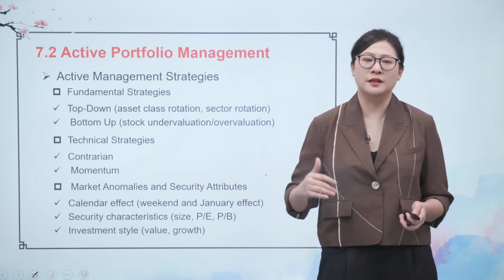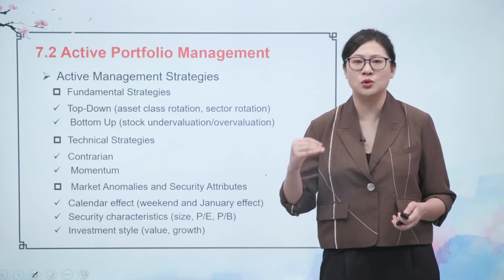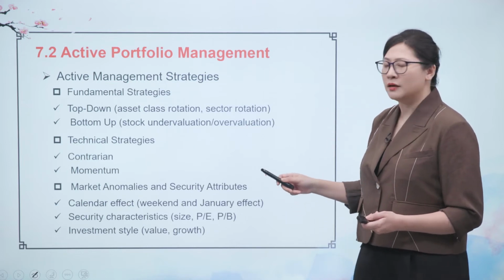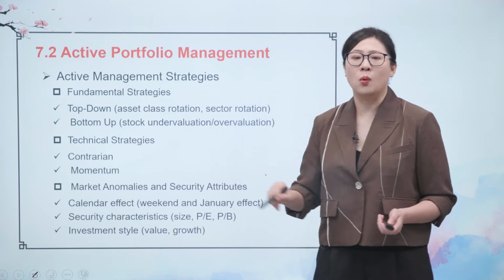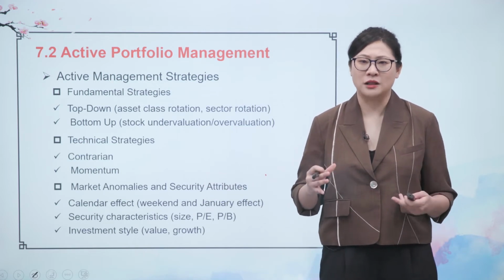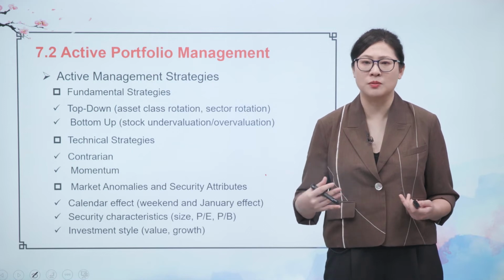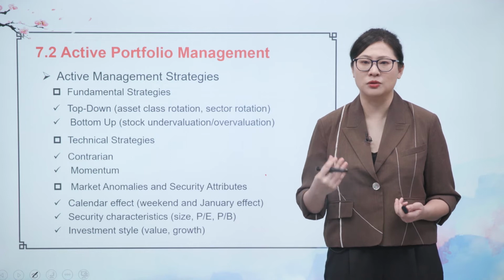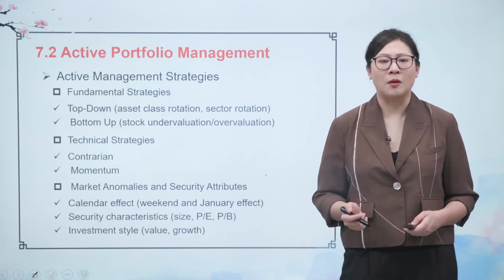So based on these market anomalies and security attributes, we can do our active portfolio management. Like this style or the security characteristics, we can build factor models to select which factor may contribute more to our return, and use this factor model to do any investment. So that's the market anomalies.